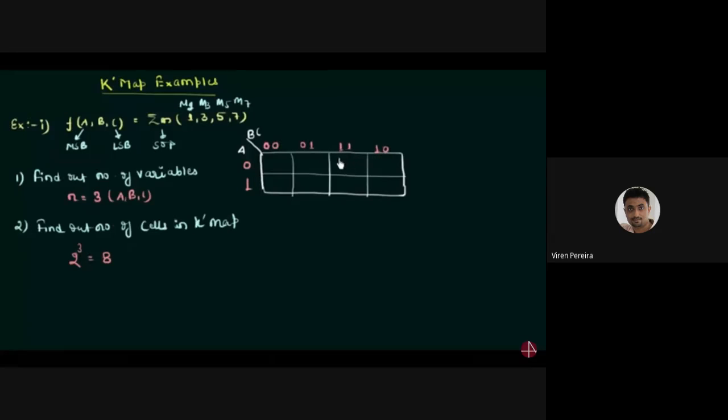I have seen a common mistake that people write 0 1 and then 1 0. But as I have already told you, in adjacent cells it is not allowed to change two variables. If I put 1 0 here, you can see that B is changing from 0 to 1 and also C is changing from 1 to 0. So you are changing two variables in adjacent cells.